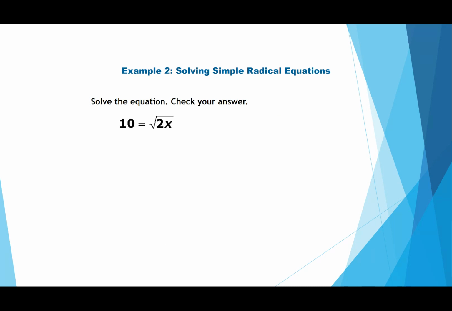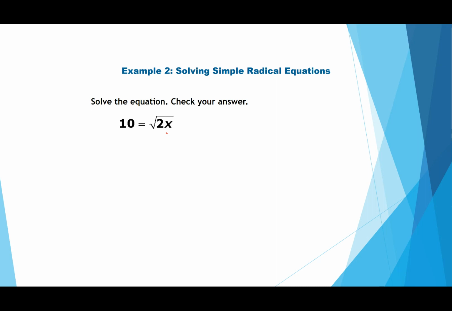Okay, so we'll evolve into a little bit more complication, but here's a simple trick. You can't really get inside a radical until the radical's gone. So whatever is inside the radical cannot be touched until you've squared it and made that square root disappear. So here, when you have the square root of 2x equal to 10 and you're trying to get x by itself, your first move is not to divide by 2.